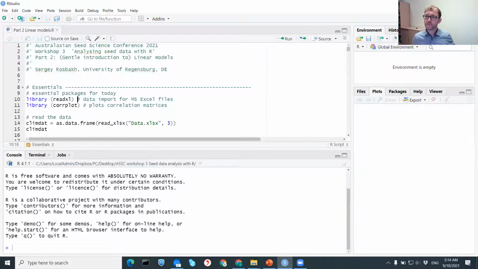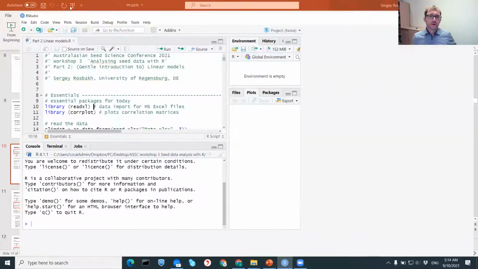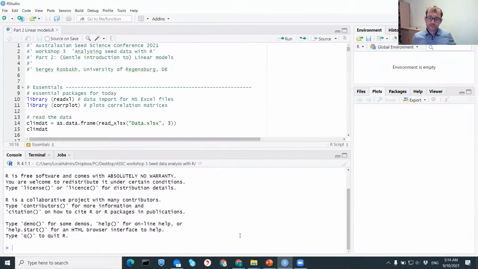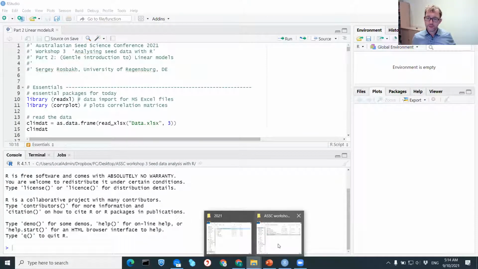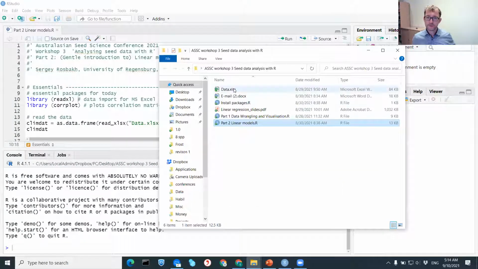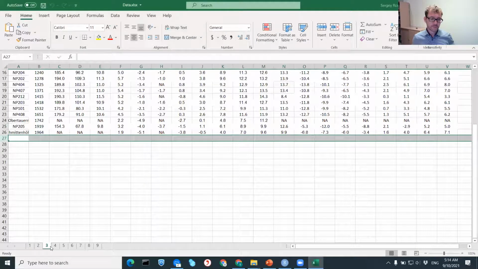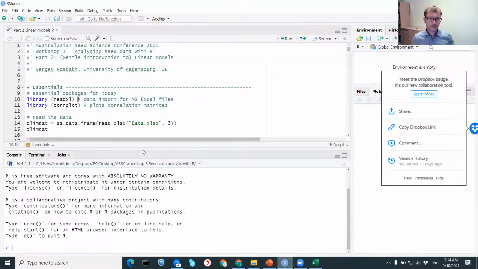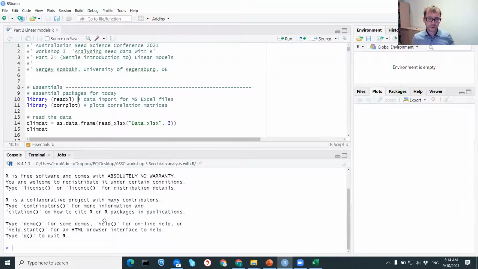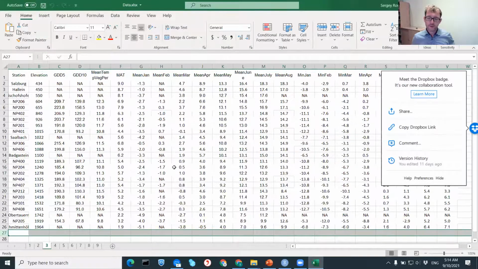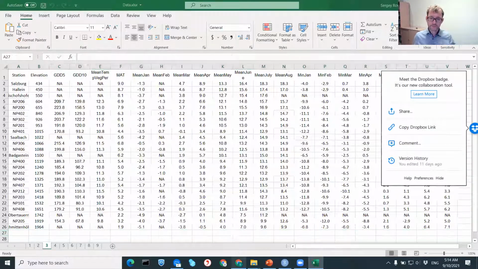Right. The data we're going to work with this afternoon is in the Dropbox folder. It's datasheet 3. So probably I need to explain a little bit what we are doing in this part.